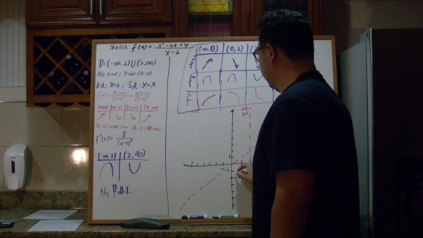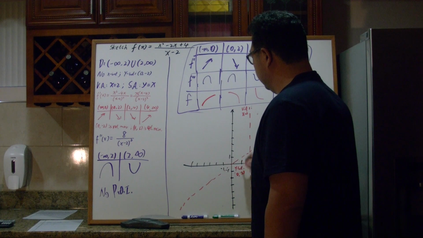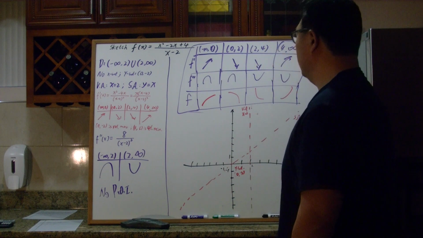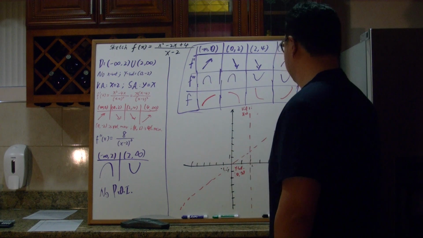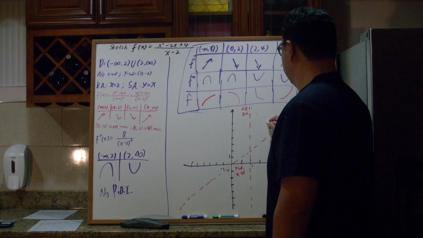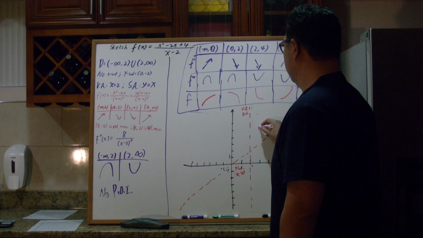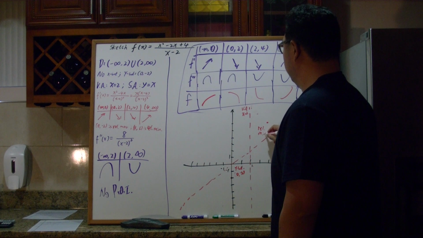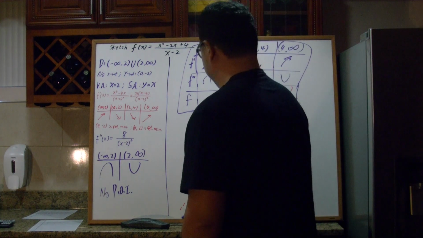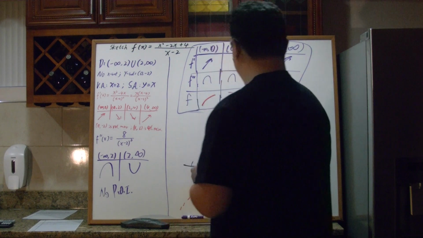What else do we have? We have 0, negative 2, that's our y-intercept. And we have 4, 6 to be our relative minimum, and 0, negative 2 is also the relative maximum, and so on.